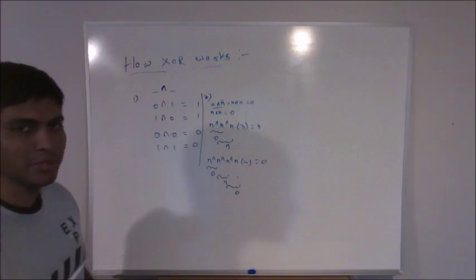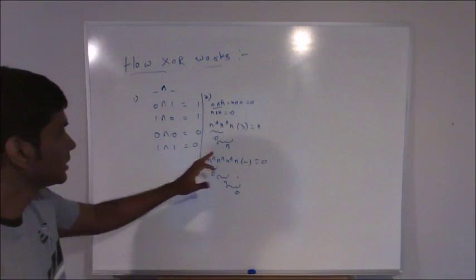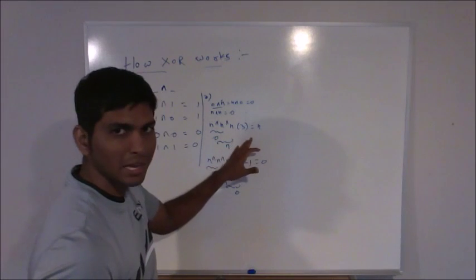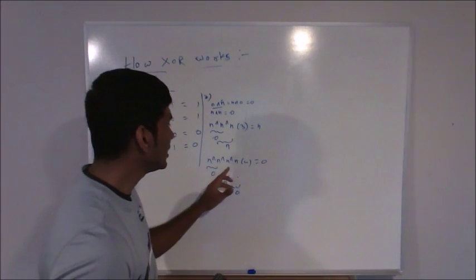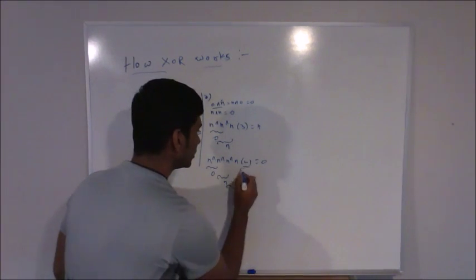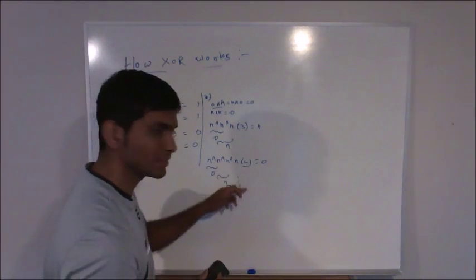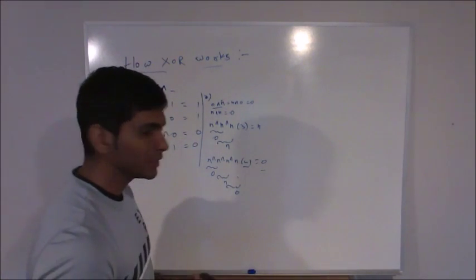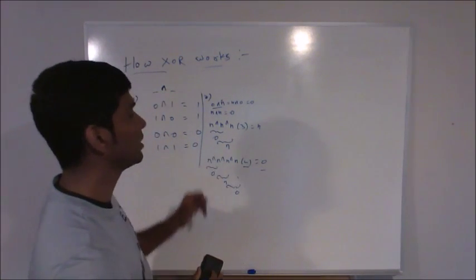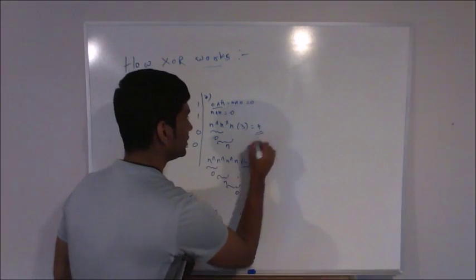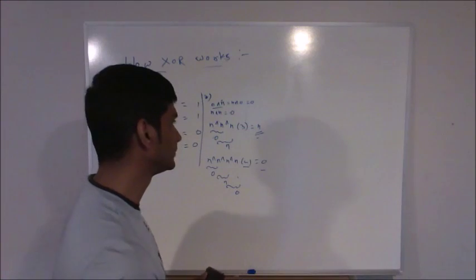So if you observe closely, you can easily understand that when XOR is applied on the same number an even number of times, the resultant is 0. You can test it easily: 4 or 6 or 8 or any number of times, you get the resultant 0. On the other hand, if XOR is applied an odd number of times, it gives us n, the same number we started with.